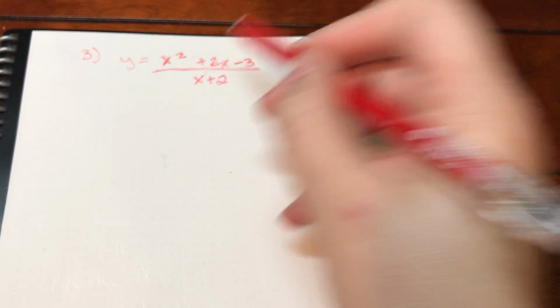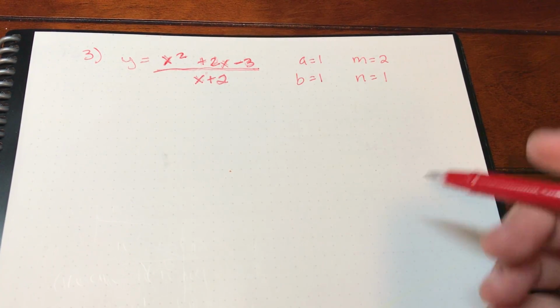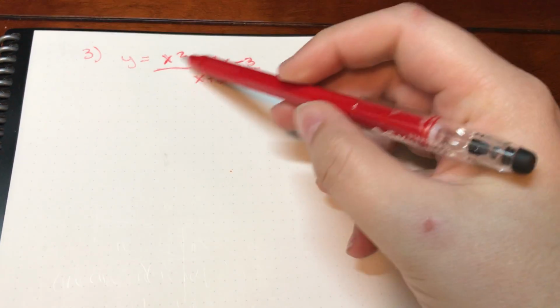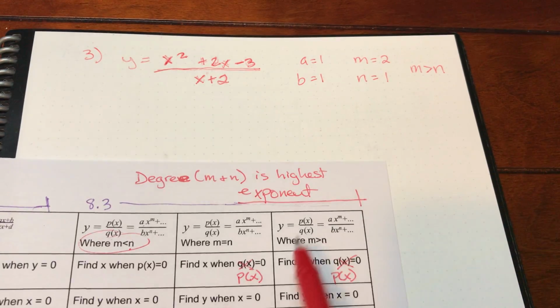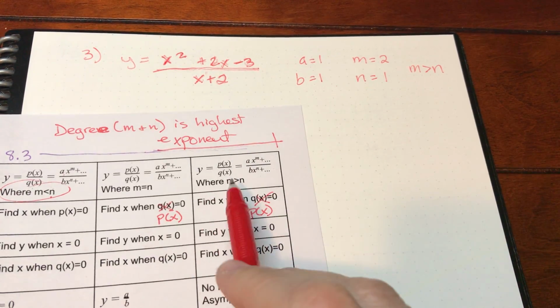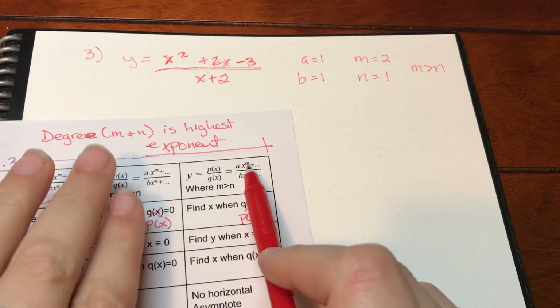There's that invisible degree of 1 here. So M is greater than N. Again, I see that x squared, so I know we're in polynomial land over here. And my M is greater than my N, so we have this column right here.